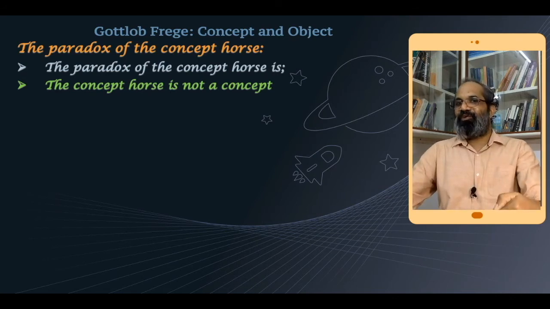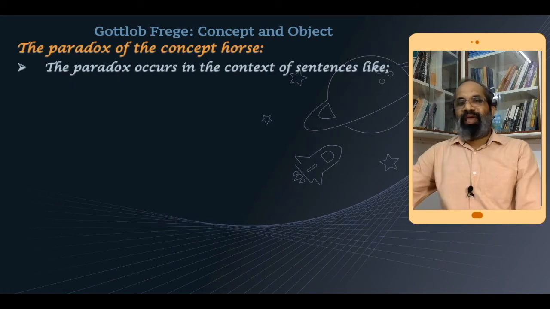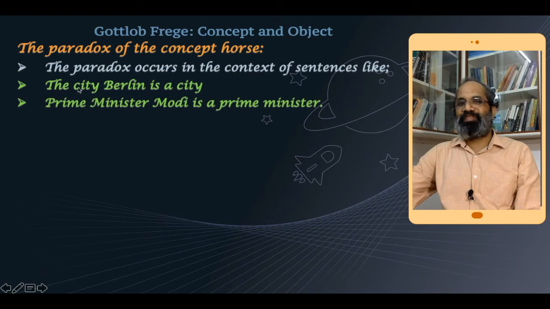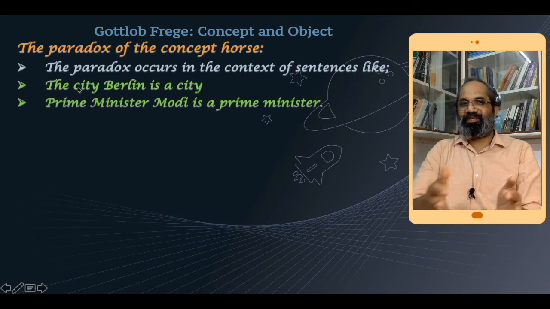So how the paradox is resolved, that we will look into next. The paradox of horse is significant in the context of sentences like "the city Berlin is a city." There is no doubt about that. That's why it's called Berlin city. It's a city. And Prime Minister Modi is a Prime Minister. We call him Prime Minister Modi because he is a Prime Minister.